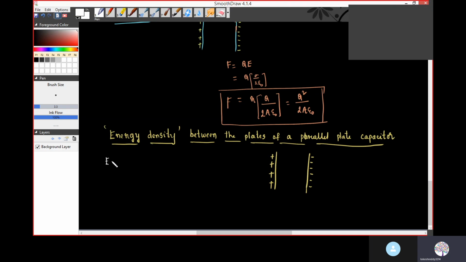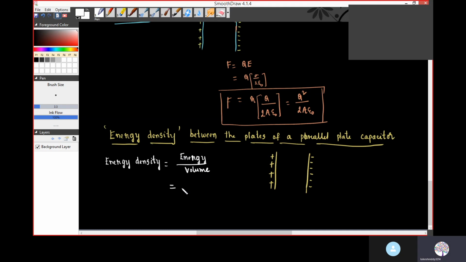So energy density is equal to energy by volume.